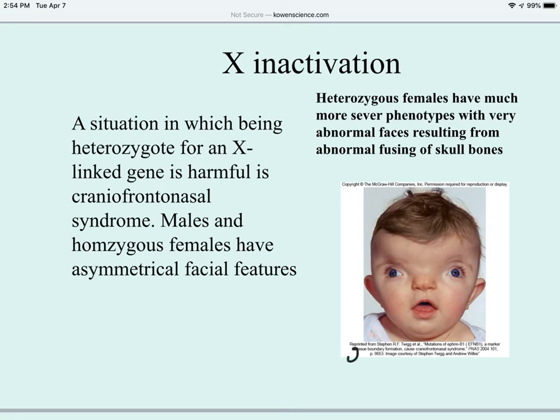This little girl right over here is an example of an individual suffering from this condition. Males and females that are carriers for this condition, or where that one X chromosome is turned on, will have asymmetrical face features, but nothing like a heterozygous female.